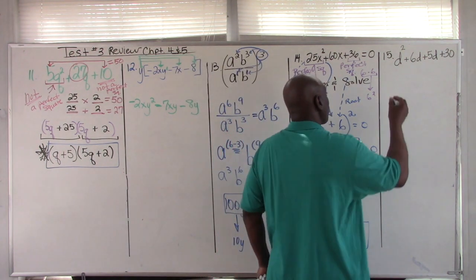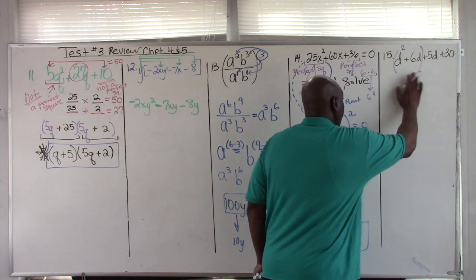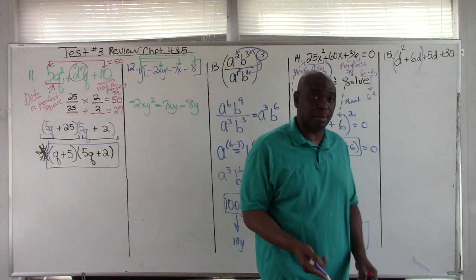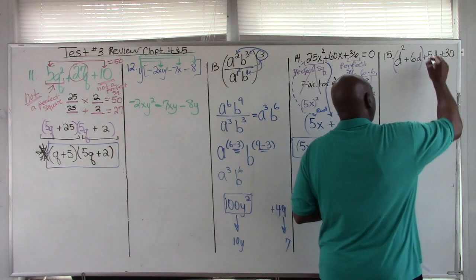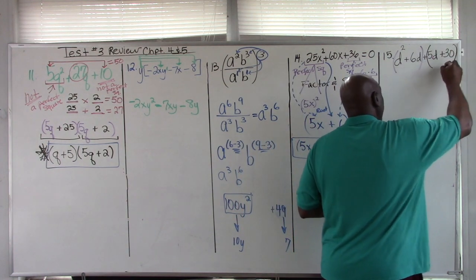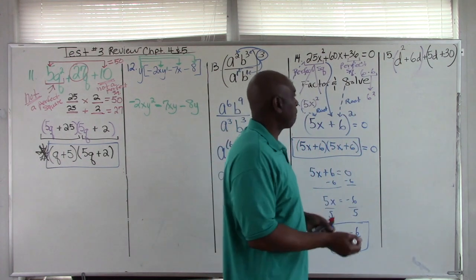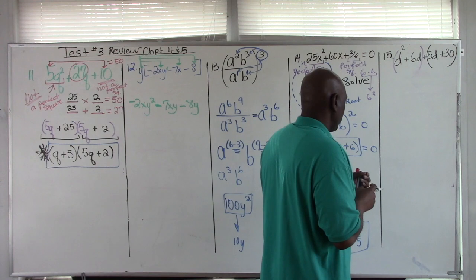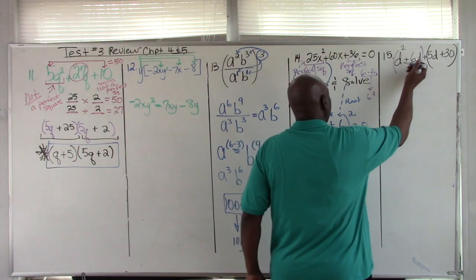For example, I can group the first two terms because they both have a D in common. And then I can group the last two terms because they both have a 5 in common, right? So here we go. So for the first group, they have a D in common.